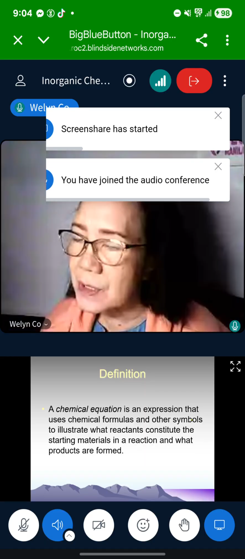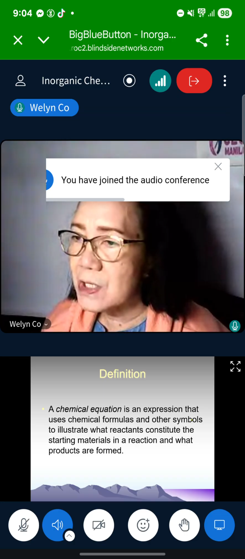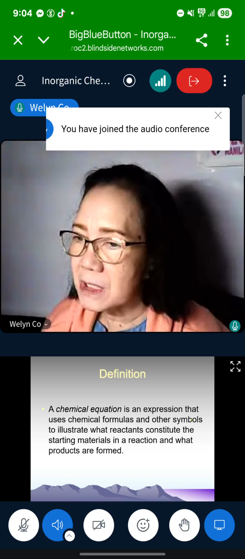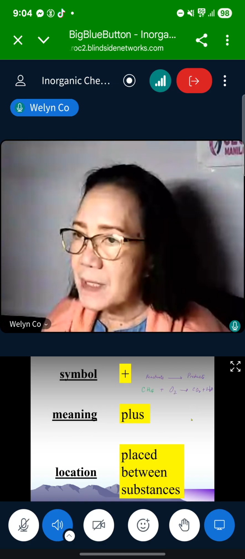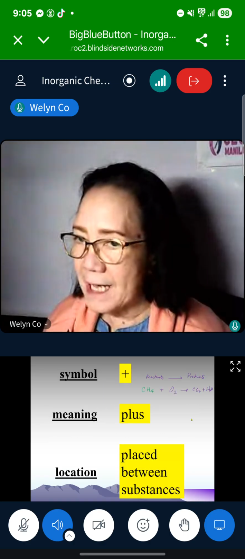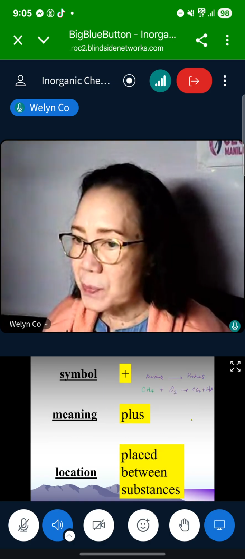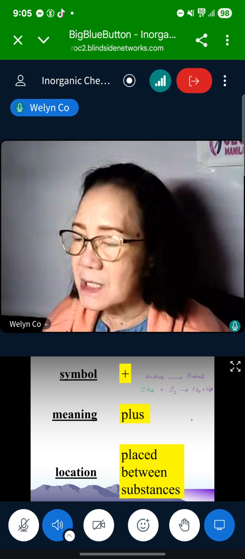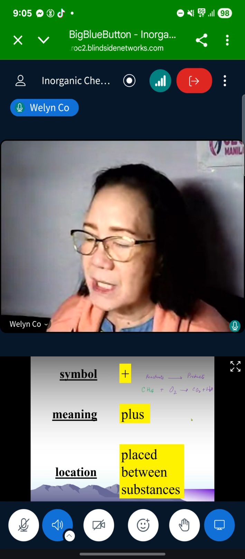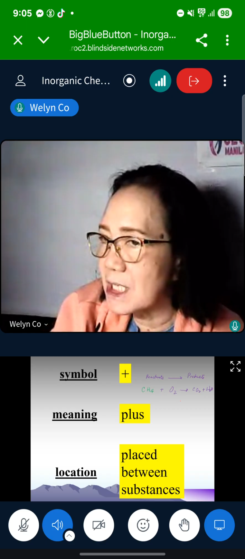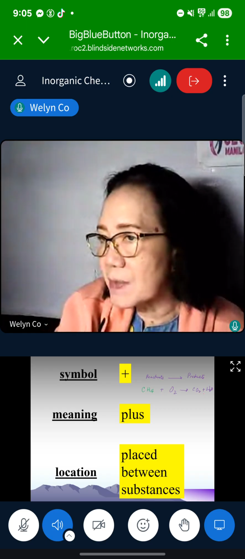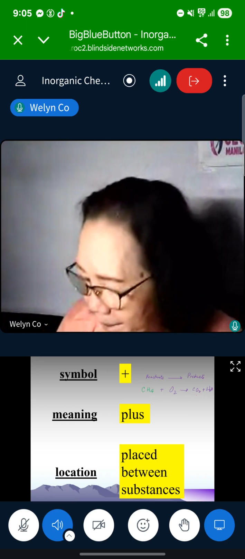And other symbols to illustrate what reactants constitute, the starting materials in the reaction, and what products are formed. So we have this an example. You have the symbol of plus. So meaning this would be a place between substances. So example, you have your methane plus your oxygen, to form carbon dioxide and water.